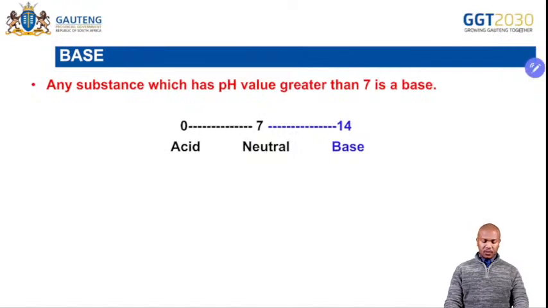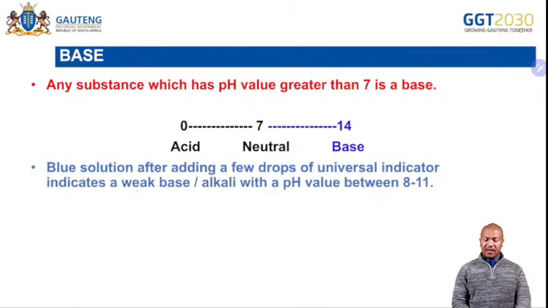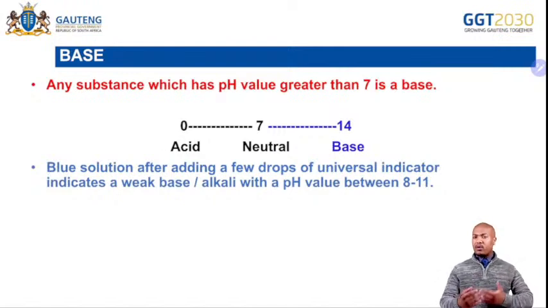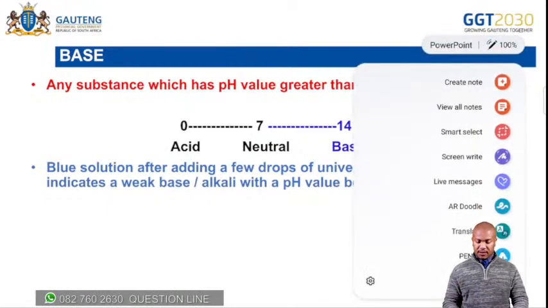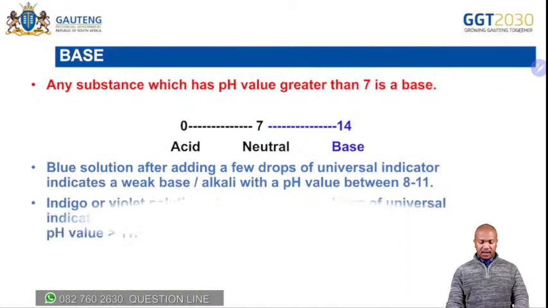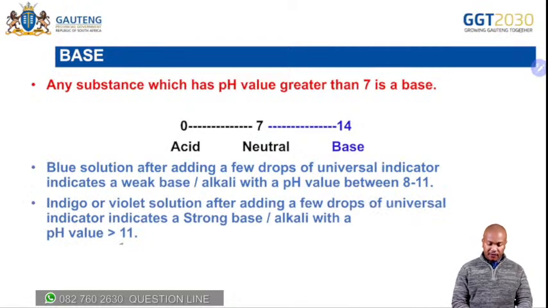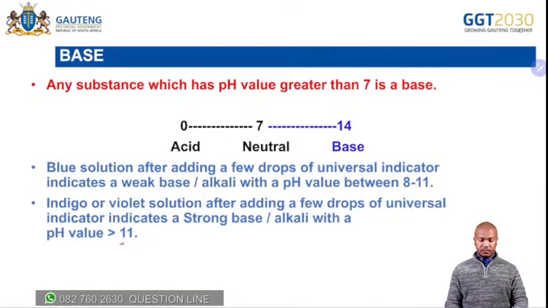Bases. So now a blue solution after adding a few drops of indicator indicates what? A weak base. Then when you get indigo to almost purple and so on, it indicates what? A strong base. And it ranges from 11 going upwards.